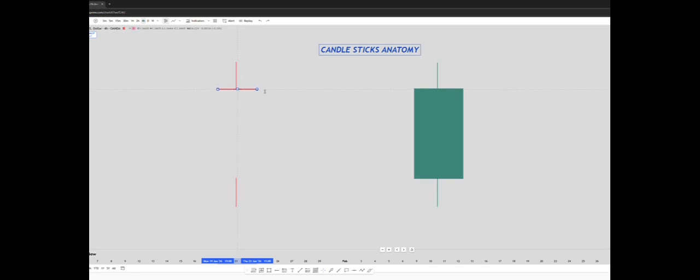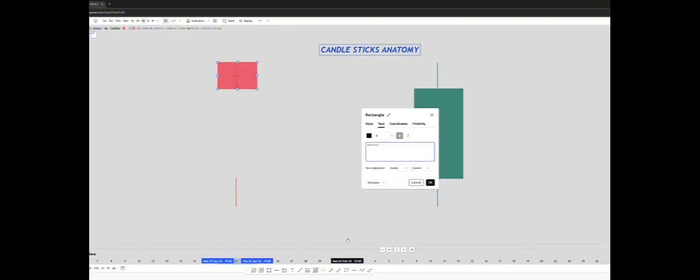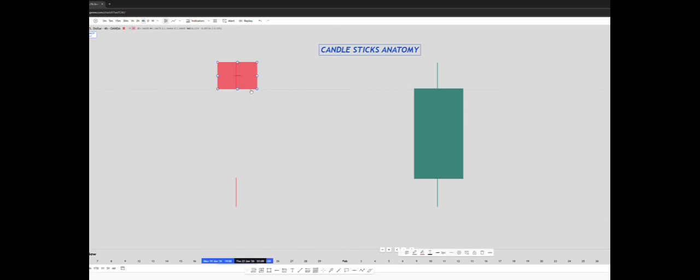The buyers came into the market and pushed this particular candlestick up. At this point, you could say that the candle is bullish. The buyers came and pushed the market up. As the market was pushed up, it gave us the high.